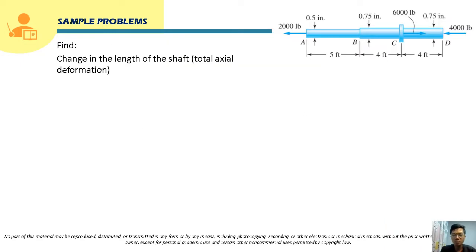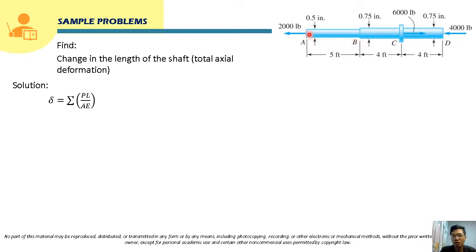For this problem, we are going to solve the deformation. To solve this, we have to solve the deformation for each rod, let's say rod AB, rod BC, and rod CD. To do that, we are going to use our formula here, since this is a composite rod wherein the areas of all the rods are not the same.